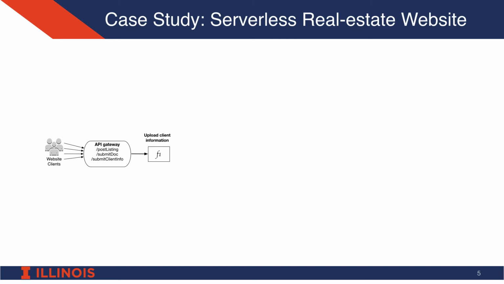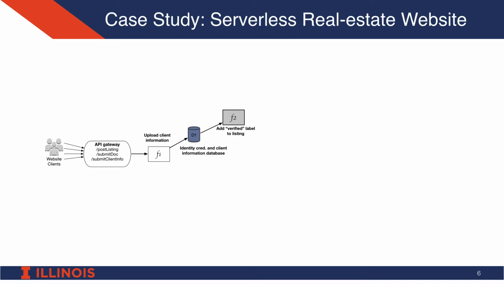We will look at one example flow in this serverless application. Function F1 is used to upload the client and customer information, and this information is uploaded to a database D1, and function F2 can add a verified label to some specific property listings after consulting the database D1.